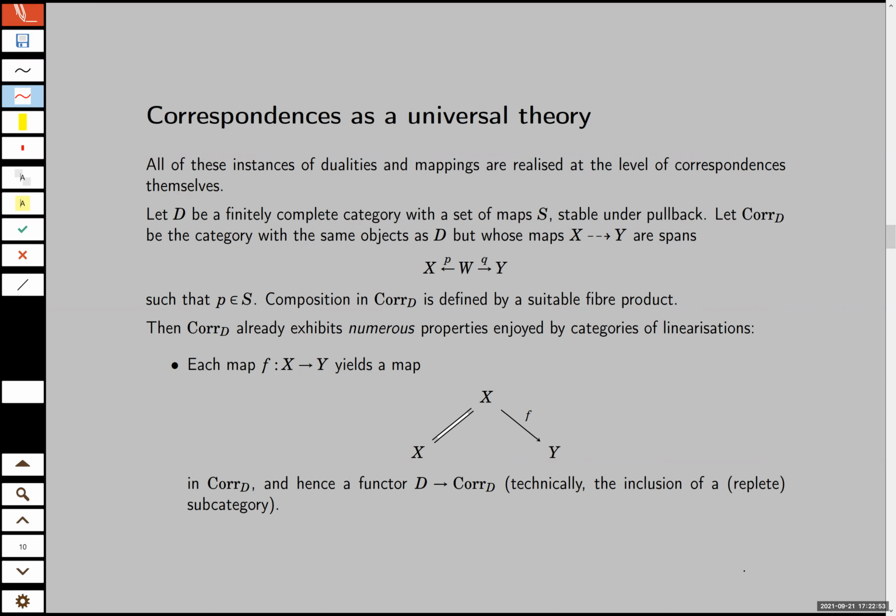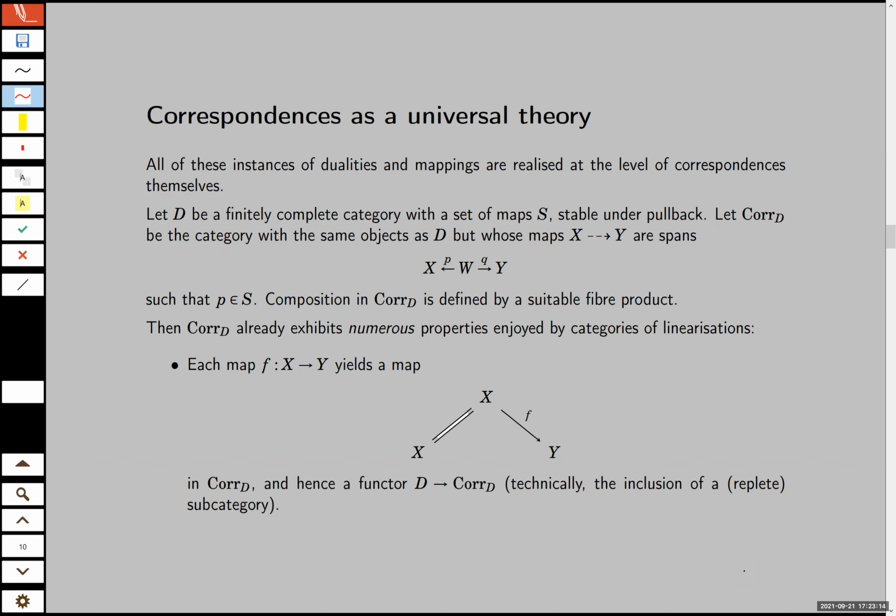So that was the examples. They're a little bit sketchy, perhaps, but this brings us to the question of trying to understand the common features between the examples, and that's where a bit of category theory comes in.